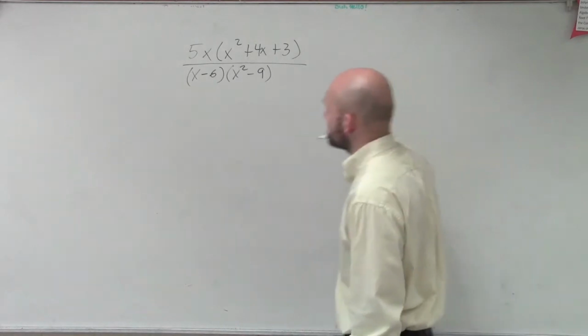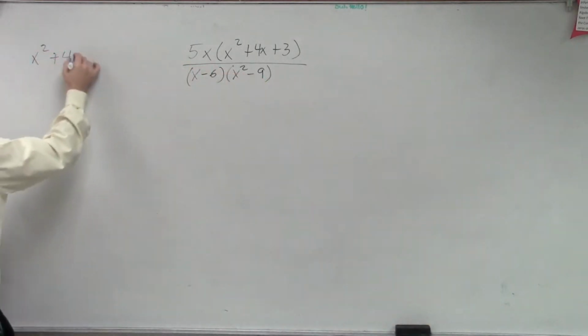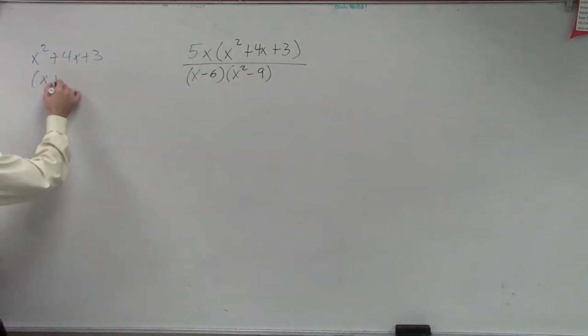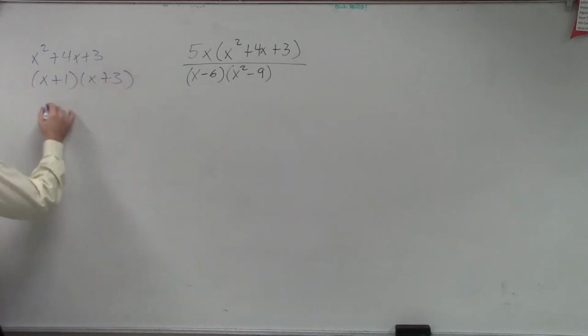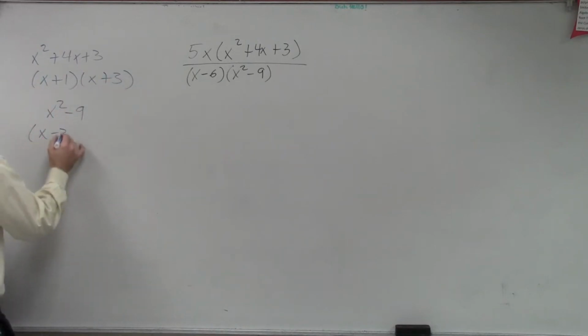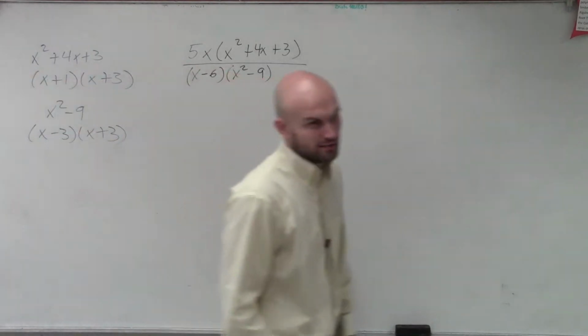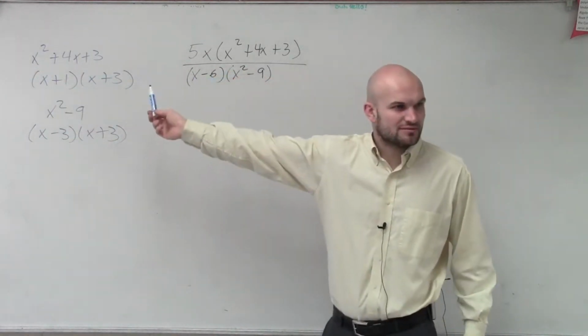x squared plus 4x plus 3 we can factor, and that factors into x plus 1 times x plus 3. And then x squared minus 9 we can factor, which is x minus 3 times x plus 3. Does everybody agree? Can I factor 5x into a different form?